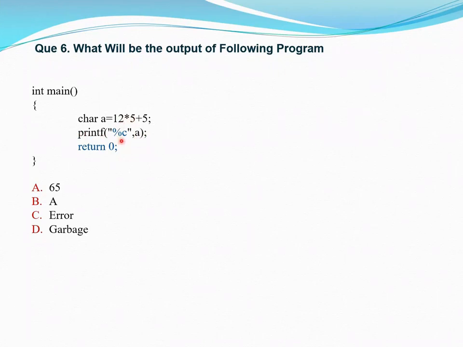And you know that the ASCII character corresponding to the value 65 is capital A. So with this printf function, the output will be capital A. Hence, from the options, the correct option is B.